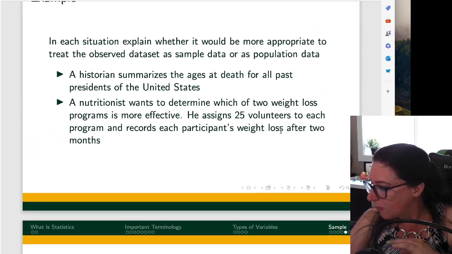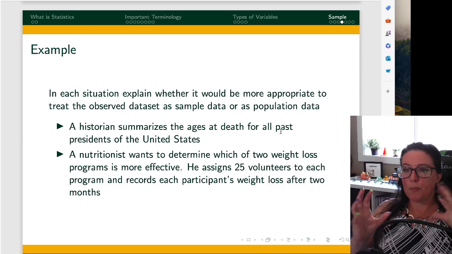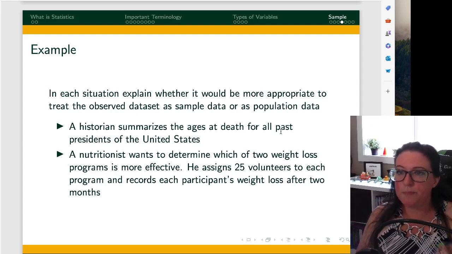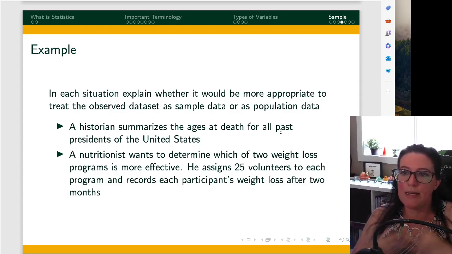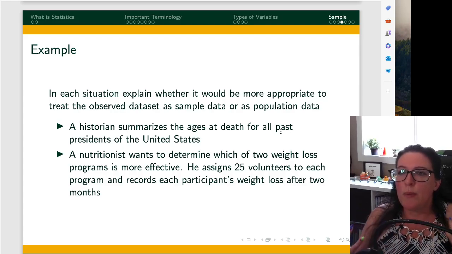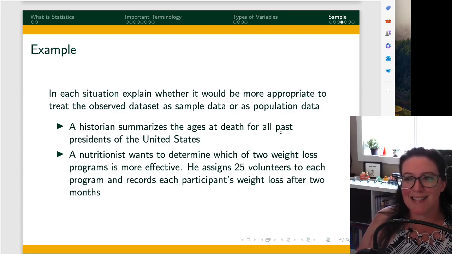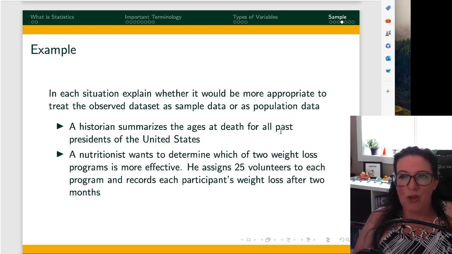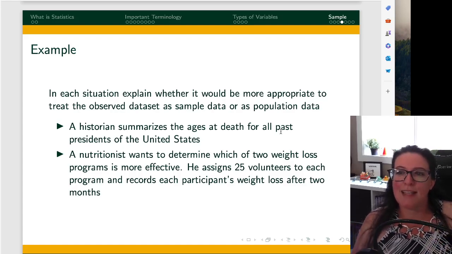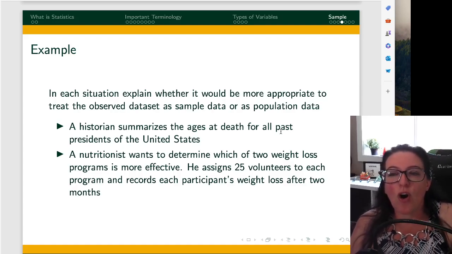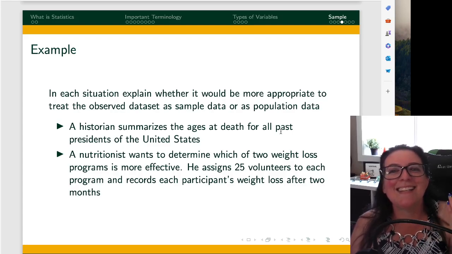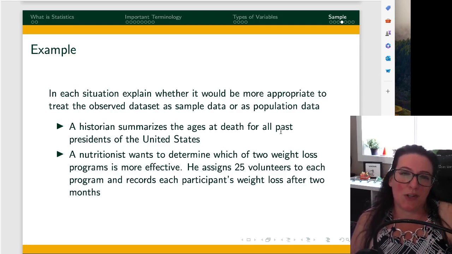So when we look at population versus sample, in each situation we explain whether it would be more appropriate to treat the observed data set as a sample or a population. So if you're a historian, you're summarizing the ages at death for all past presidents. Is that sample or population?